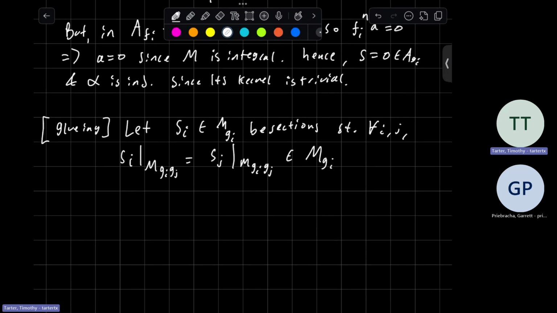So if I ever switch that up, let s_i be equal to a_i divided by f_i to the m.